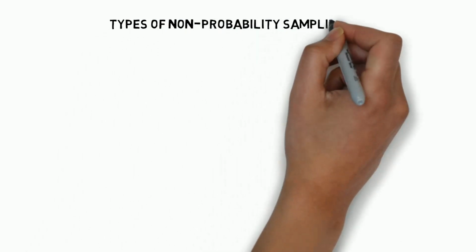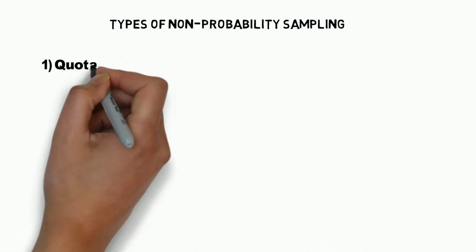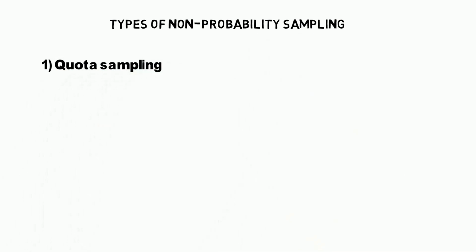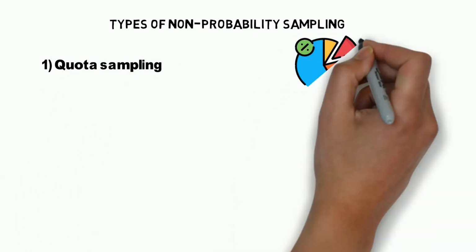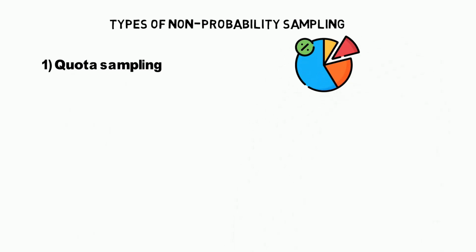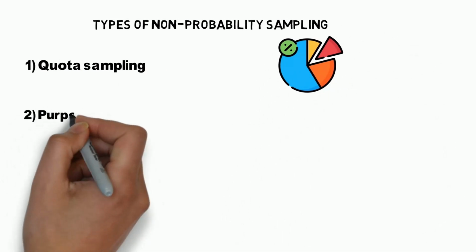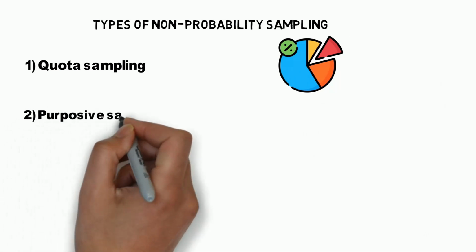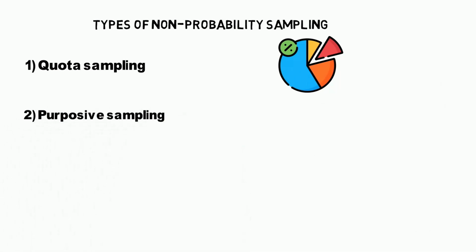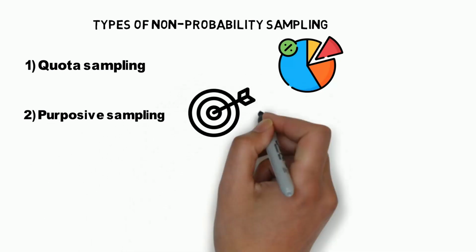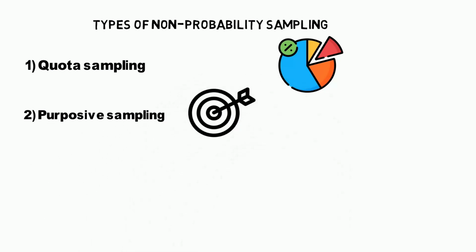The first type is quota sampling, based on identifying strata with shared or unique characteristics of the population and selecting persons proportionate to the population. Likewise, the second type of non-probability sampling is purposive sampling, which uses sampling techniques that rely on the researcher's judgment for selecting persons. These techniques include maximum variation sampling, expert sampling, and typical case sampling.